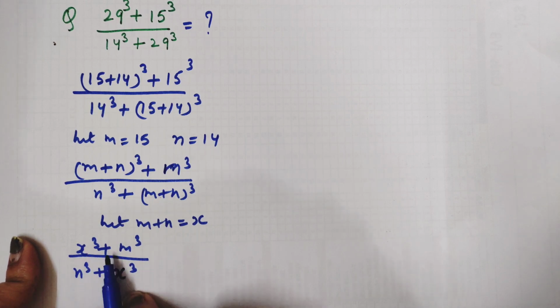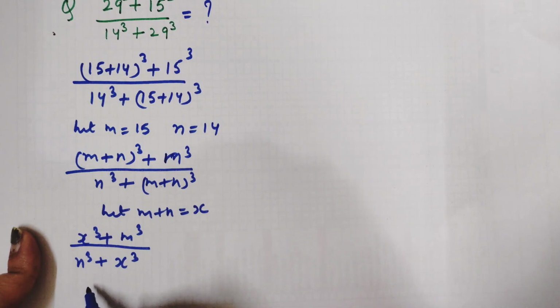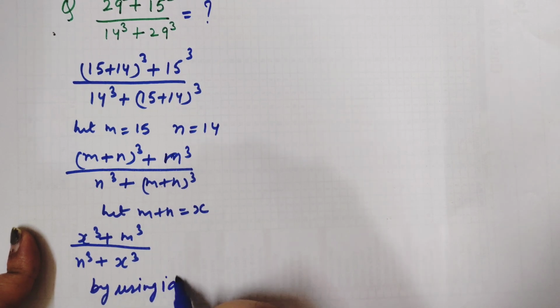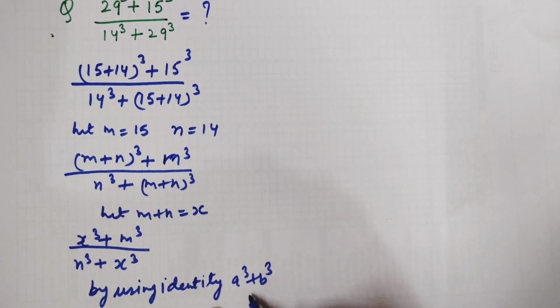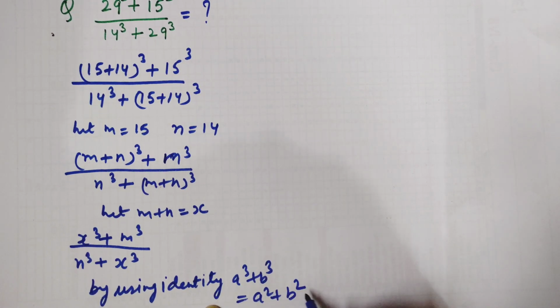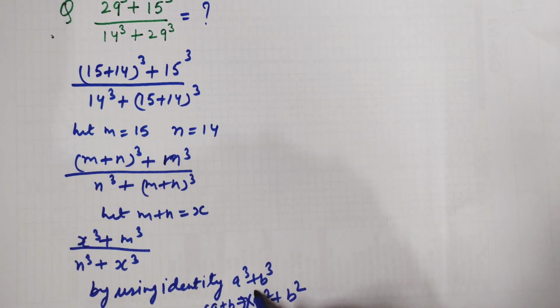Okay, so for a cube plus b cube, we are using the identity. This identity says a cube plus b cube is equal to a plus b multiplied by a square plus b square minus ab.